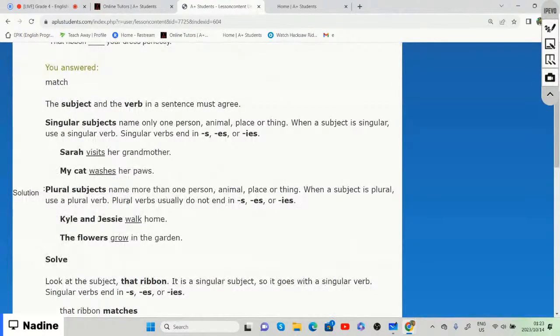And the singular subject names only one person, animal, place, or thing. When a subject is singular, we use a singular verb, which ends in s, es, or ies.